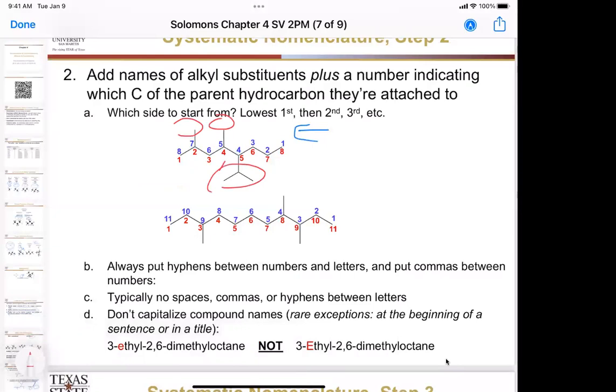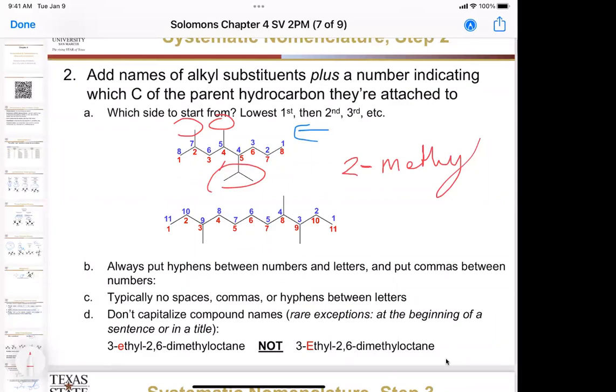So those will be in our prefix, our attachment. When we do that, let's do the 2-methyl. The YL tells us we have a substituent, the 2 tells us which carbon it's on, and the little dash tells us that the 2 is associated with that substituent.